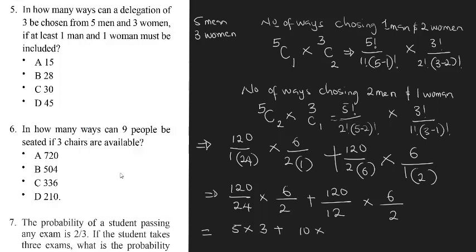Then we have times 6 divided by 2 is 3. 5 times 3 is 15, plus 10 times 3 is 30. So now this is going to be 15 plus 30 is 45.